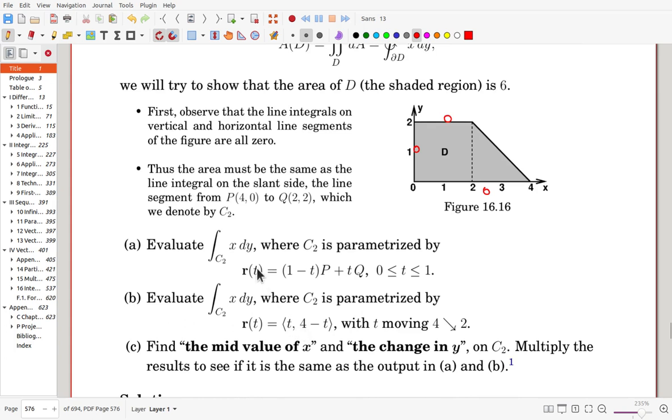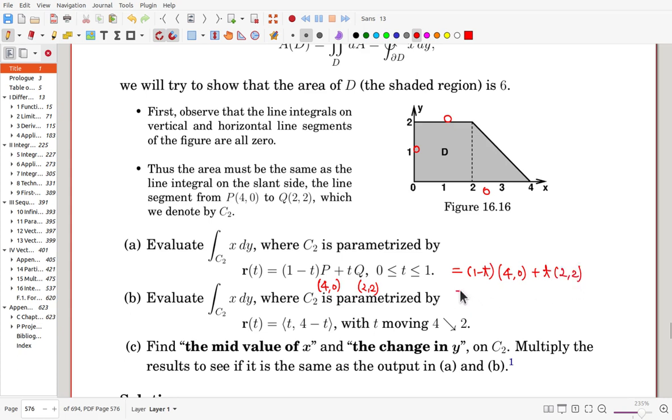You can do this one in various ways. One is you parameterize this one, and the beginning point is this one. So in this formula, P is x equals 4 and y equals 0, and Q is this one, 2, 2. Then R of t is (1 minus t) times (4, 0) plus t times (2, 2).